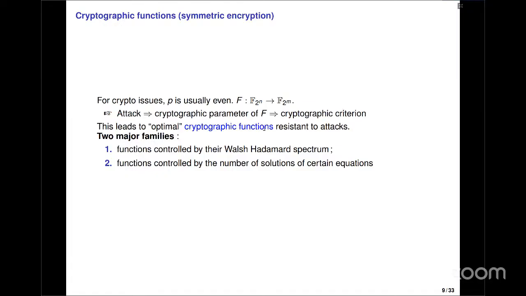Simplest way: we have a parameter and a figure, and we want a function optimal regarding this. For example, the optimal function against the linear attack is one of the maximally nonlinear functions, the bent functions. That's very well known and it was mathematically studied in Paris.